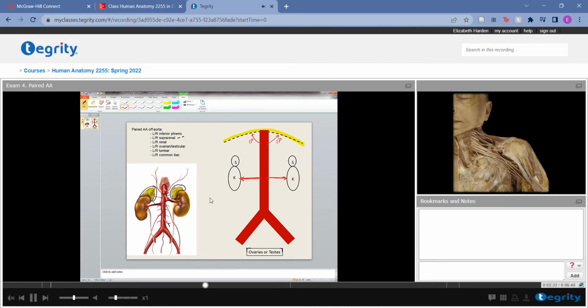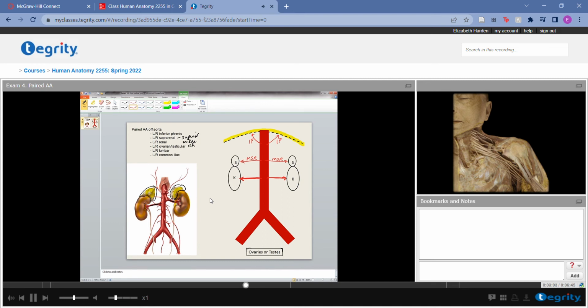There's a superior suprarenal, a middle suprarenal, and an inferior suprarenal. So we're going to label all 3 of those. The easy ones first would be the middle suprarenal arteries, and those come directly off of the aorta. So that would be my right and my left. I'm just going to put middle suprarenal, MSR. So we have a left and a right middle suprarenal. Those come directly off of the aorta.